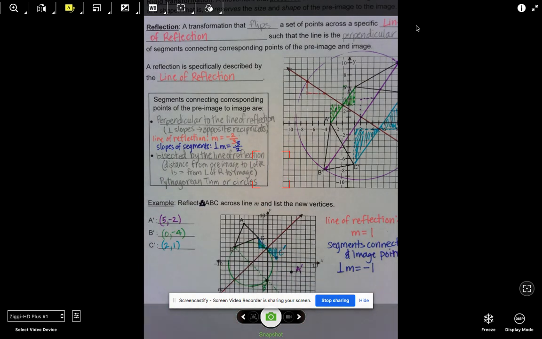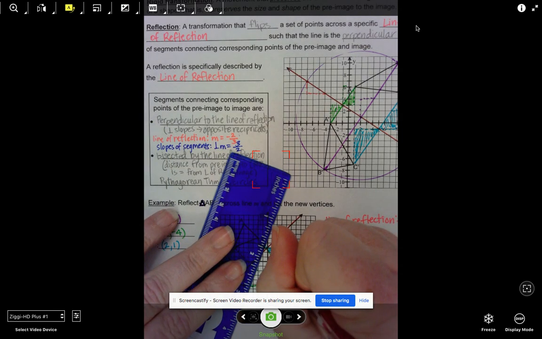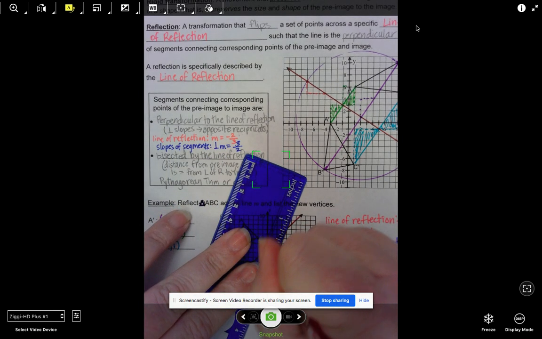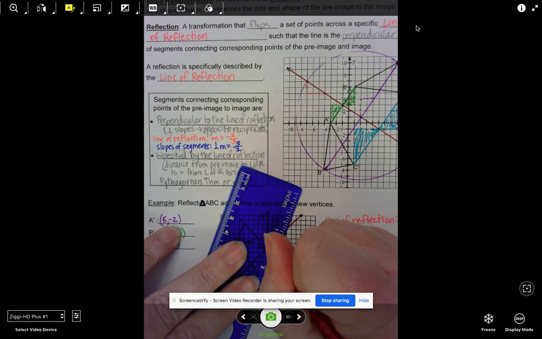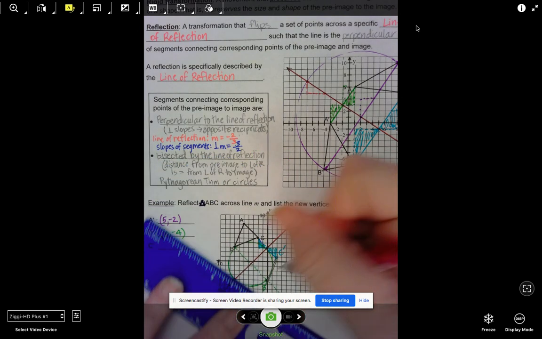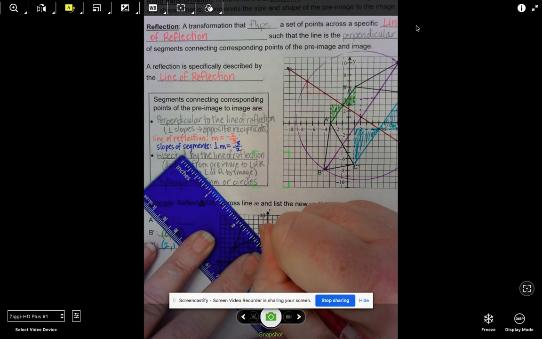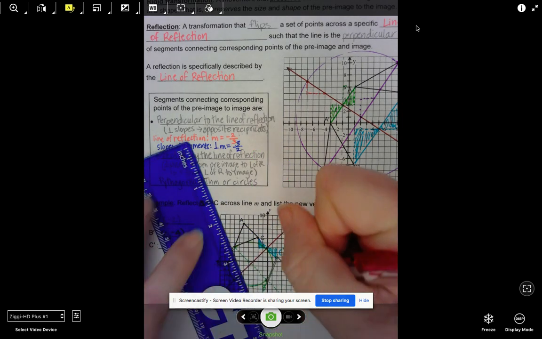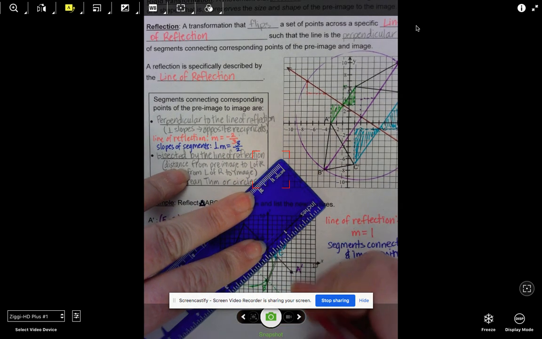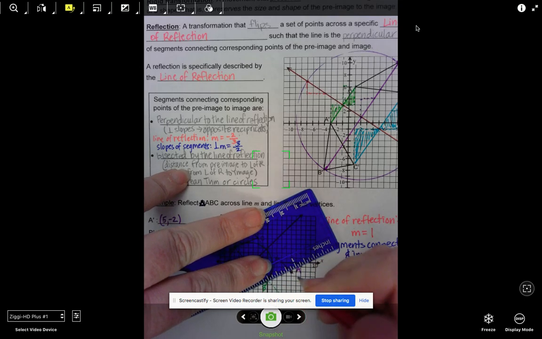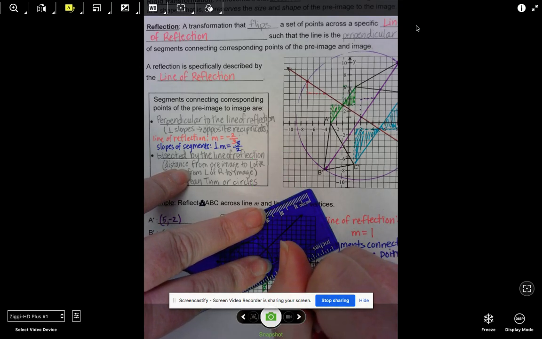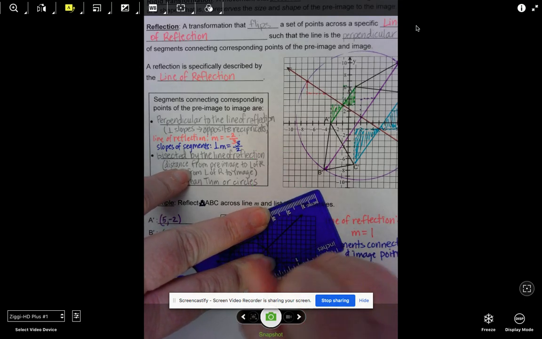And then I want to make sure to actually draw my triangle and verify what I'm seeing here. So there, there, and then from here to here.